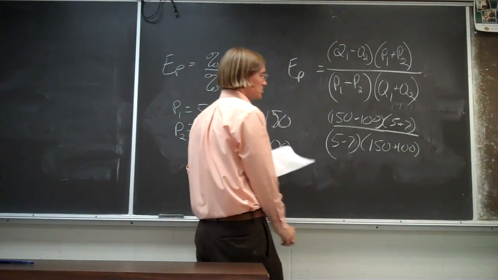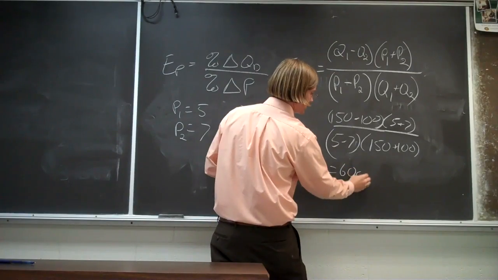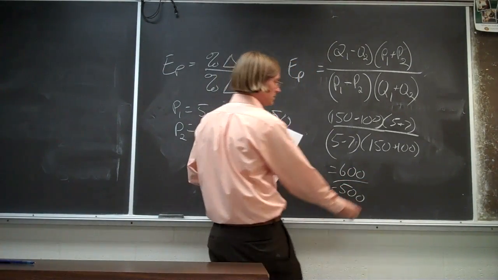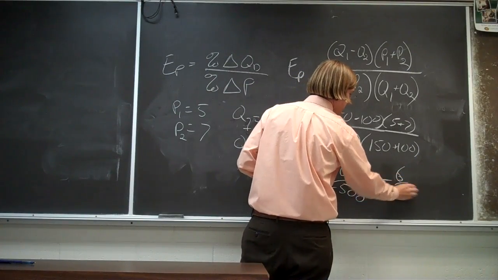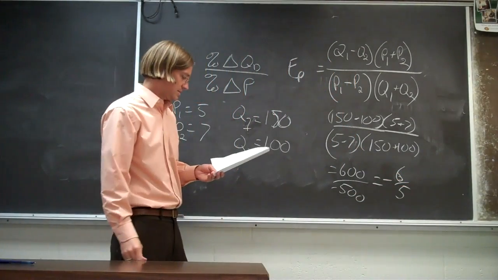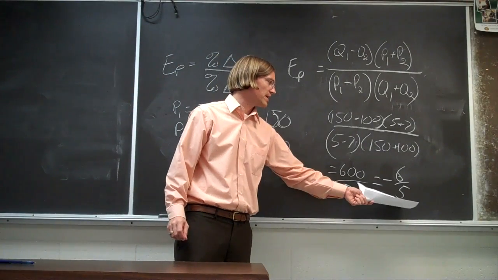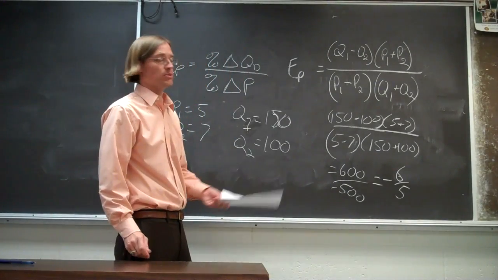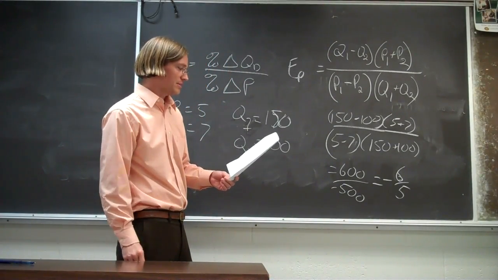Then you get about 600 divided by negative 500, so you get a negative 6/5. If you choose the answer that's closest to that, I don't think I got that exactly right in one of the possible answers, but get close and we'll call it even.